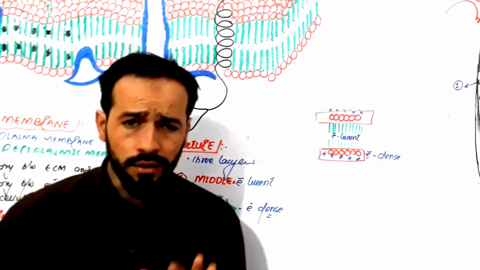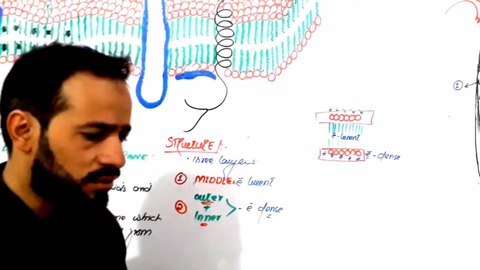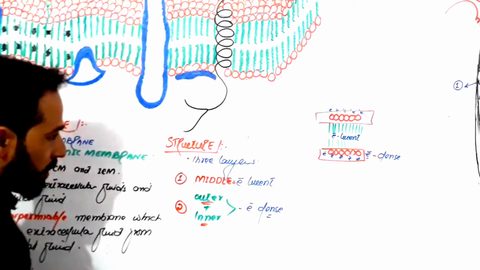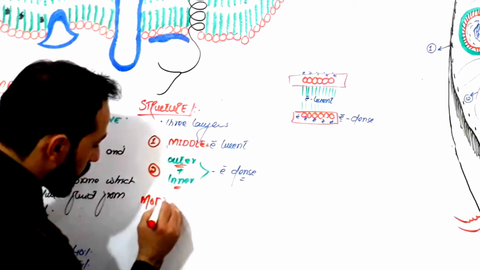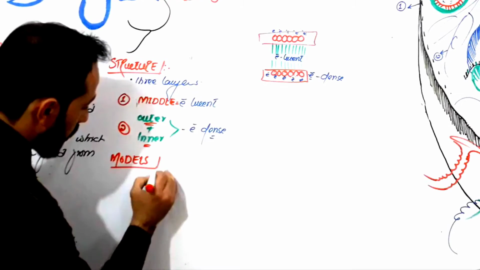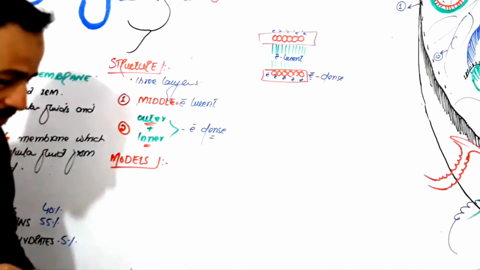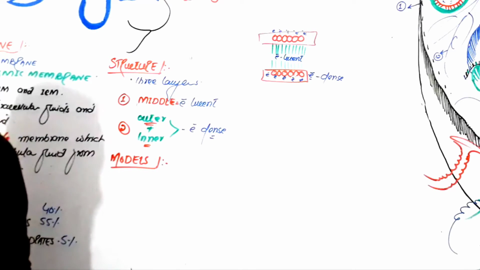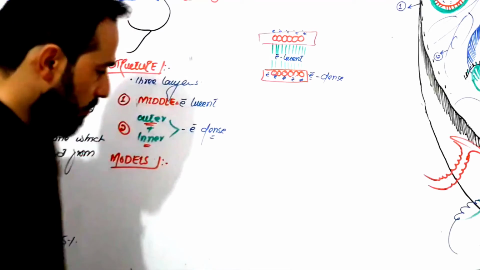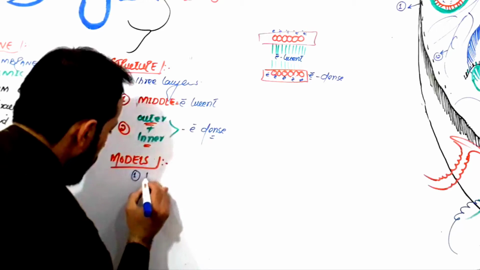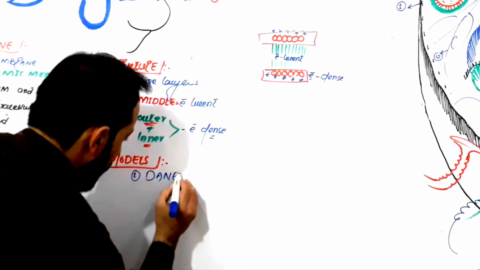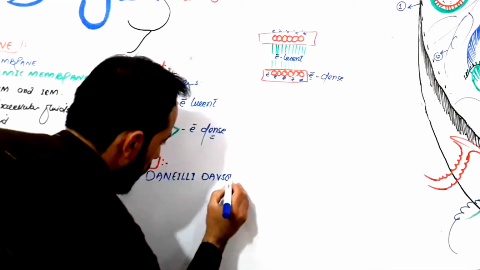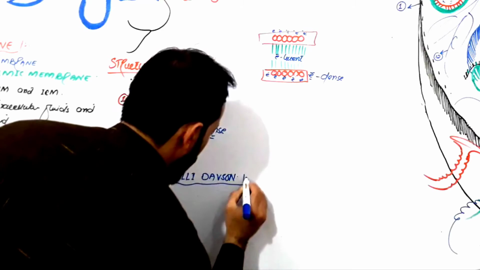Next, in order to explain the structure of the cell membrane, 3 different models came to be known in different ages. What were the models? The first model is known as the Danielli-Davson model.